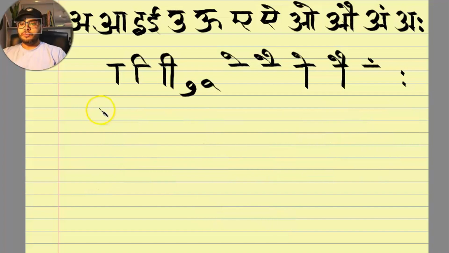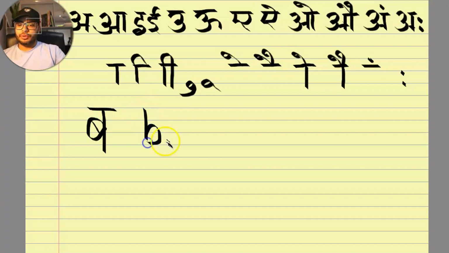The next sound in this group is going to be ba. The way we write it is a line and circle, and then we bring a line diagonally this way, and then the dash on the top. IAST for this sound is BA.